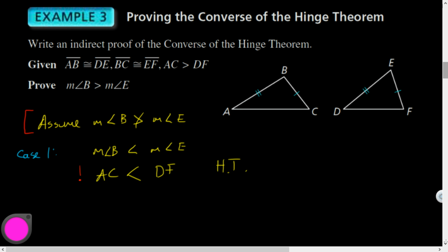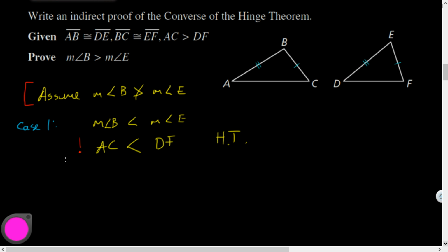All right, let's consider another case. What if... Wait, what is HP? Hinge theorem? Hinge theorem, yeah. Because I already said it was given that it was actually the opposite of that. Okay. So it's possible that angle B was less than E if it wasn't greater, but it's also possible that the measure of angle B is equal, which would be the second case.